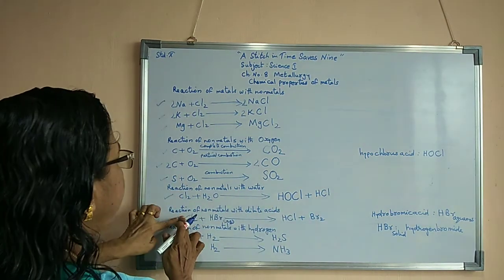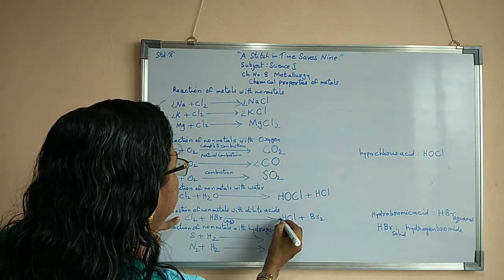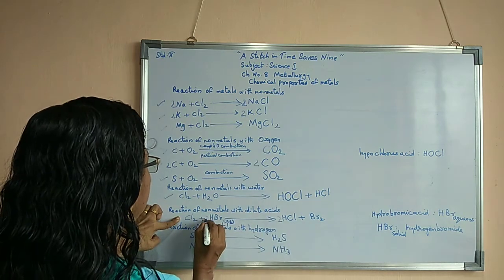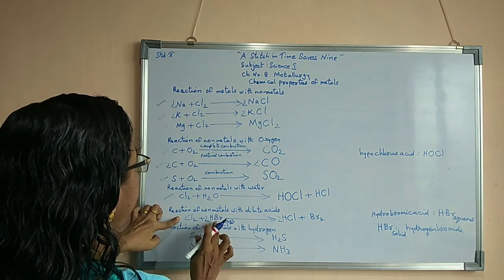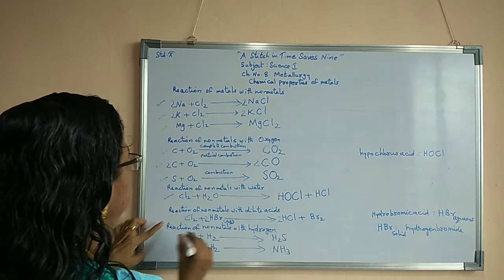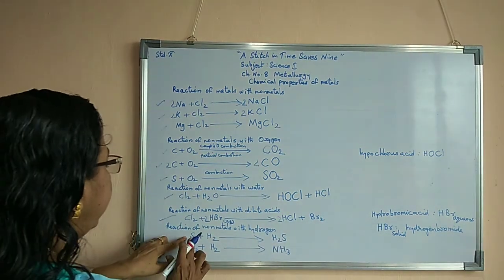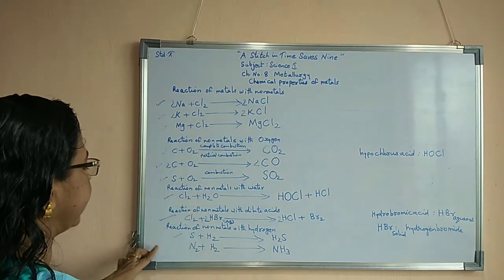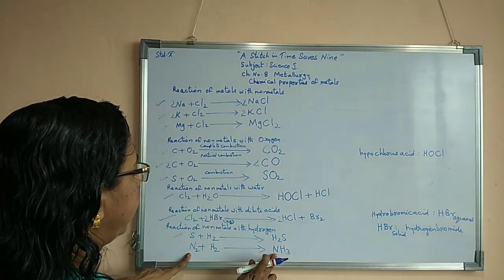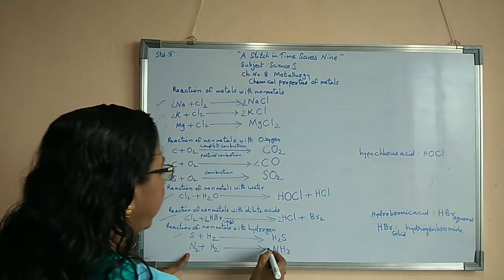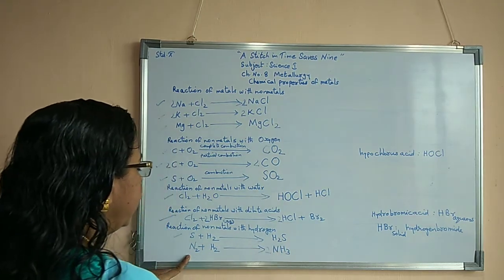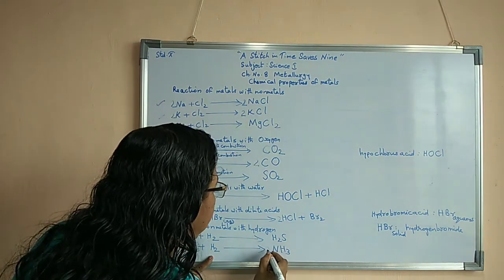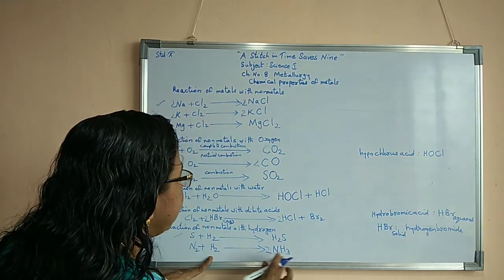Here now chlorine 2, here chlorine only 1, so I am putting here now 2. Hydrogen here 1 but here 2, so I am putting here 2. Now bromine here 2, here also 2, equation balanced. Here now sulfur 1, hydrogen 2, equation already in balanced condition. Here nitrogen 2, here nitrogen only 1 is there, so I am putting here now 2. After that, hydrogen here 2, 2 into 3, 6 are there.